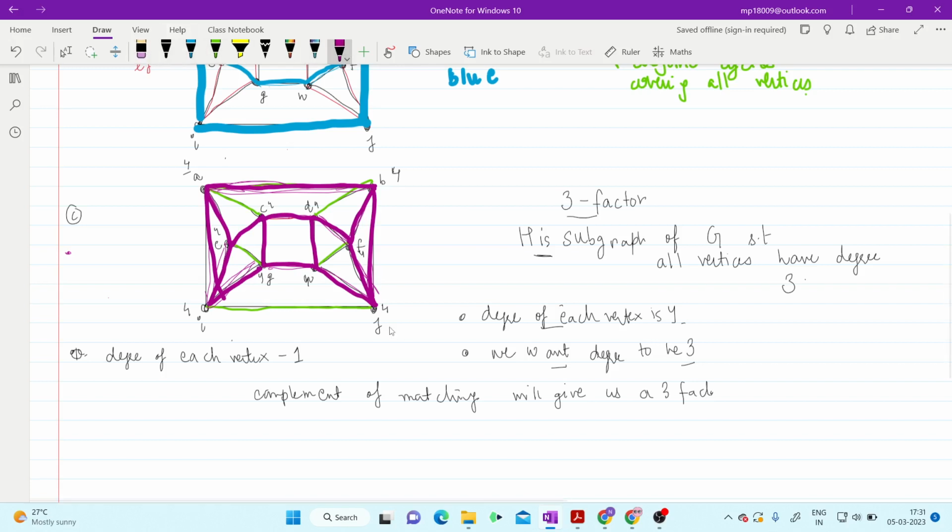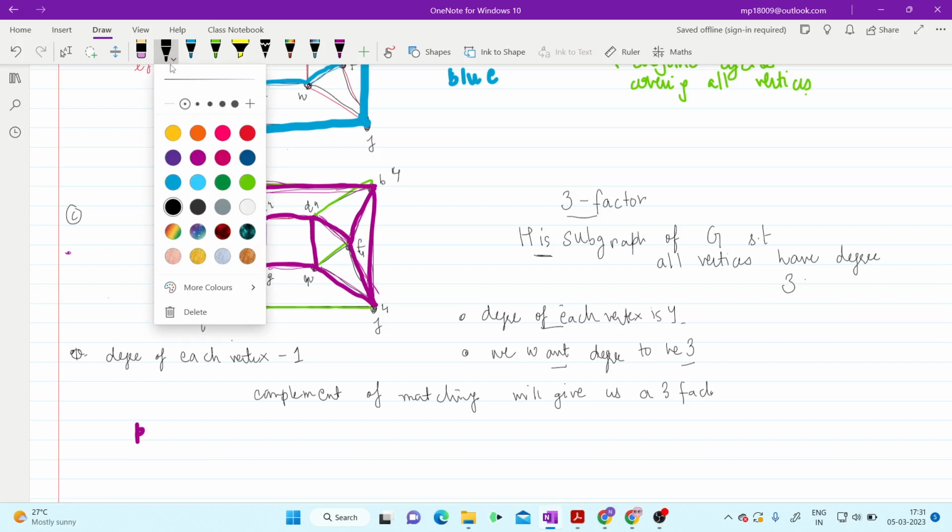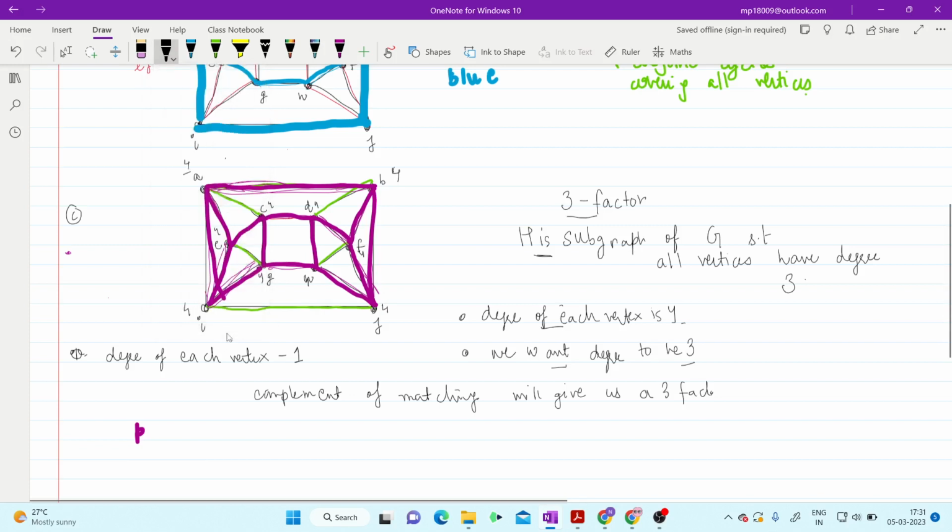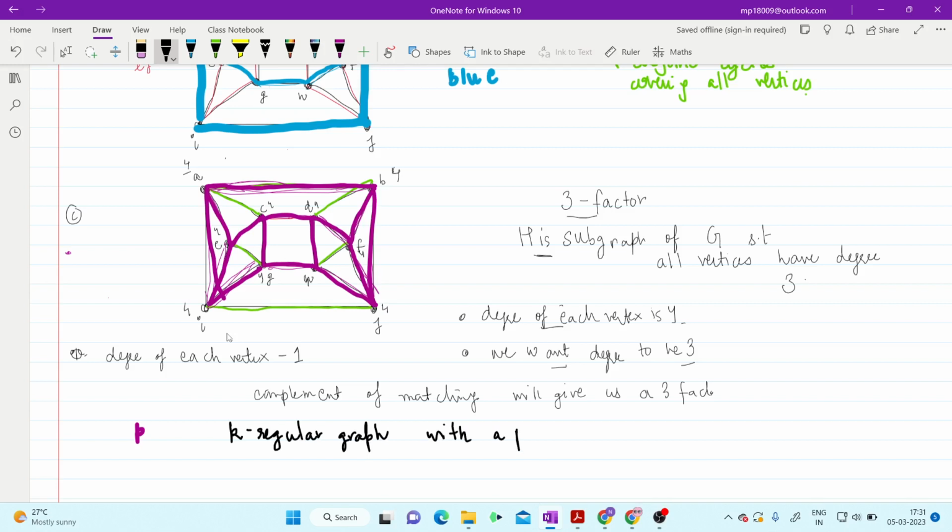For a K regular graph, if you have a K regular graph with a perfect matching M, then the complement of M in G will give you a K minus 1 factor.